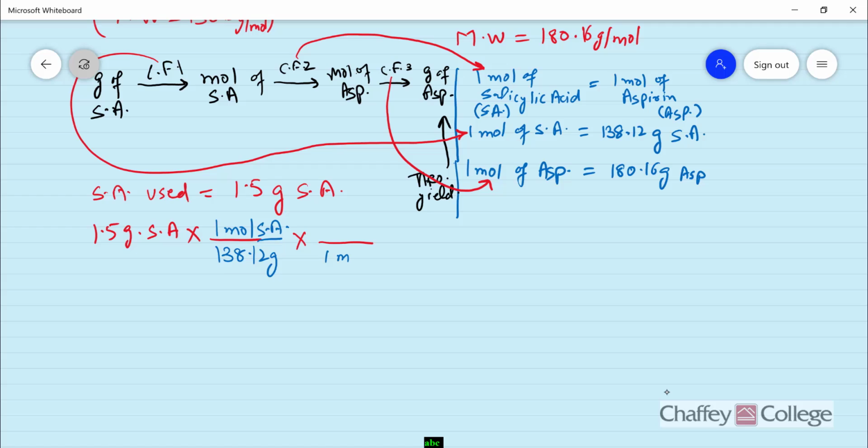So 1 mole salicylic acid down here, and up here will be 1 mole aspirin, multiplied by the last one, moles of aspirin to grams of aspirin.